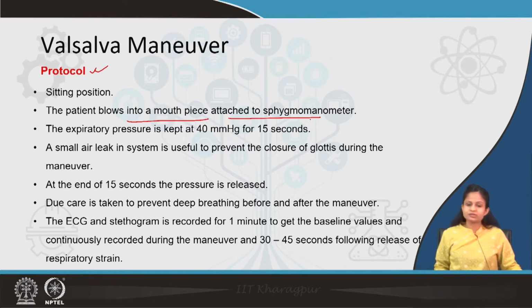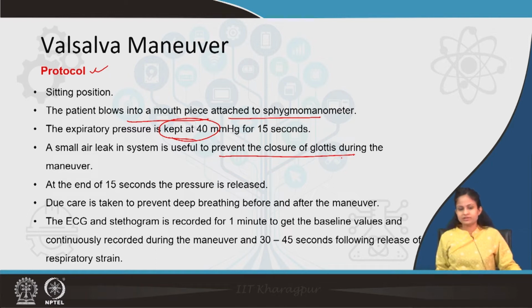The expiratory pressure is usually kept at 40 millimeter of mercury for 15 seconds, and a small air leak in the system can be there to prevent the closure of the glottis during the manoeuvre, because Valsalva manoeuvre is nothing but forced expiration against the open glottis.